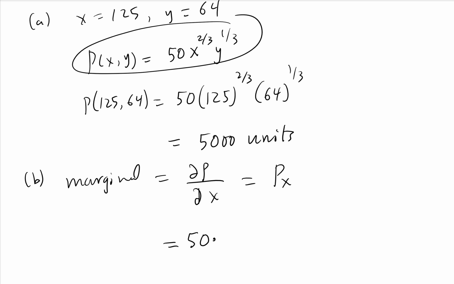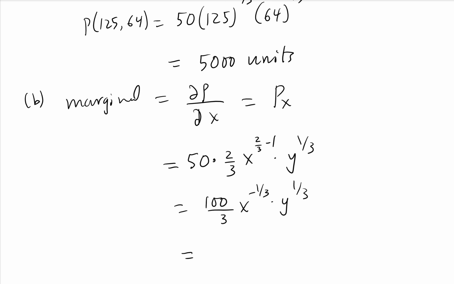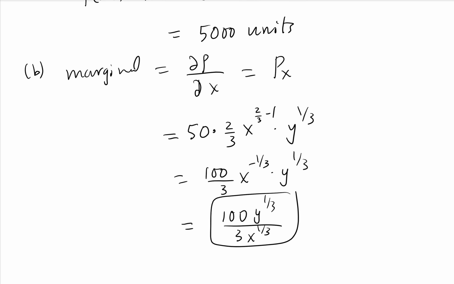Derivative of x to the 2/3, bring 2/3 down, subtract 1 from the exponent, times y to the 1/3. And what do we get here? 100 over 3, x to the negative 1/3, y to the 1/3. But never leave negative exponents, so bring that negative exponent down, the x.